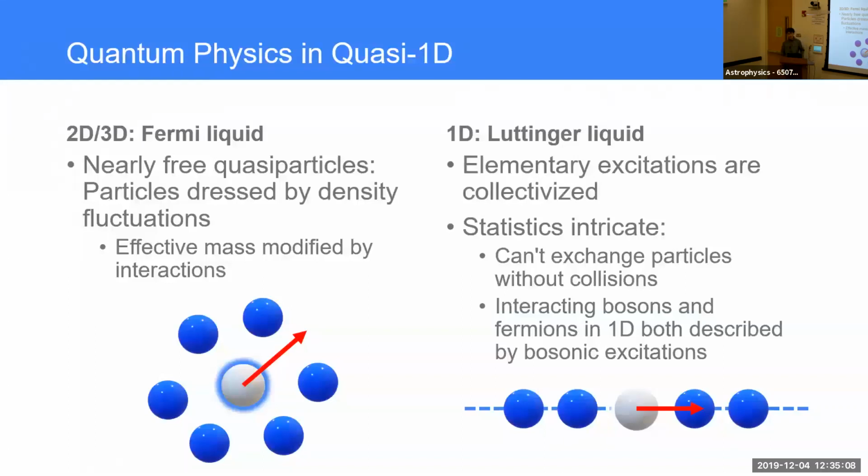We can think of this by imagining performing a usual exchange operation between two atoms. However, because of the 1D geometry, you cannot do that without having them bump into each other. Therefore, the notion of quantum statistics is actually kind of intricate. In fact, both interacting bosons and fermions in 1D can be described by a basis of bosonic excitations. This forms the basis of the field theory technique of bosonization, which is beyond the scope of this particular talk.